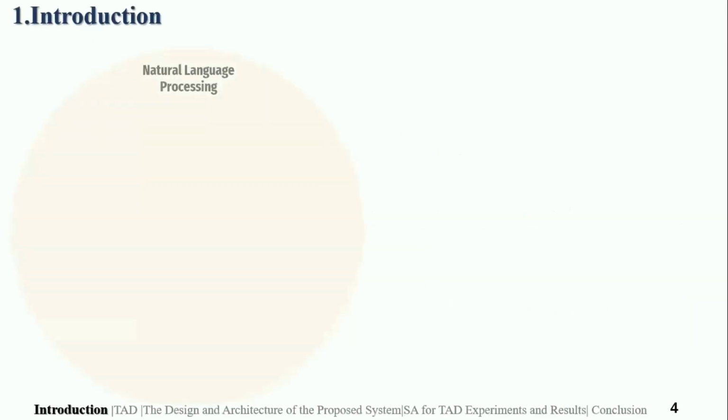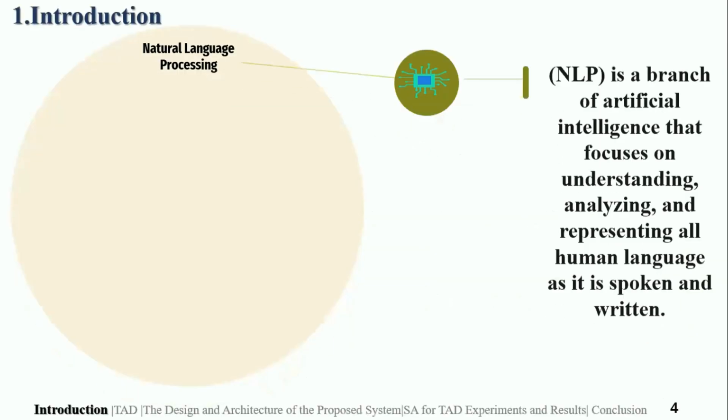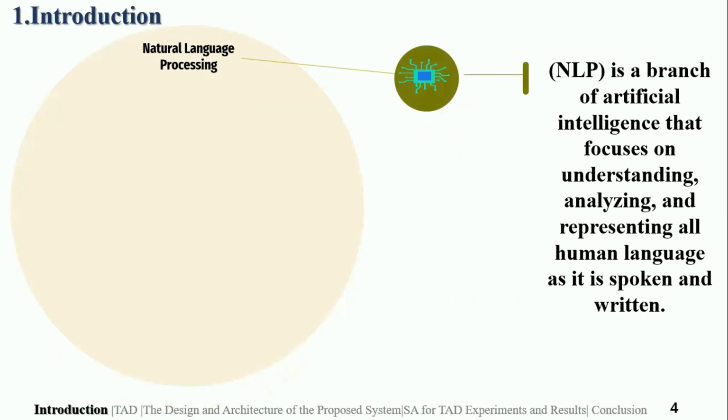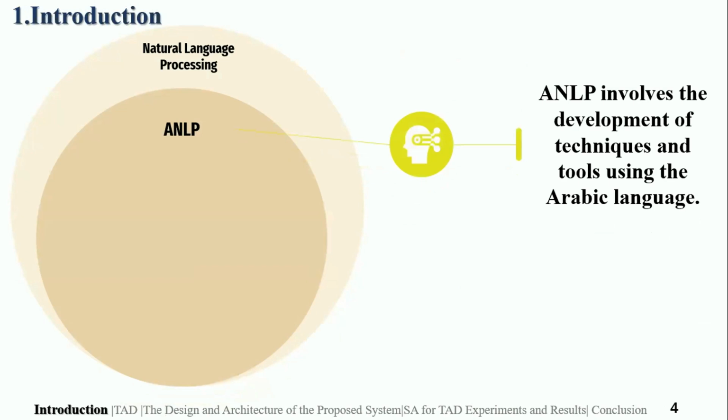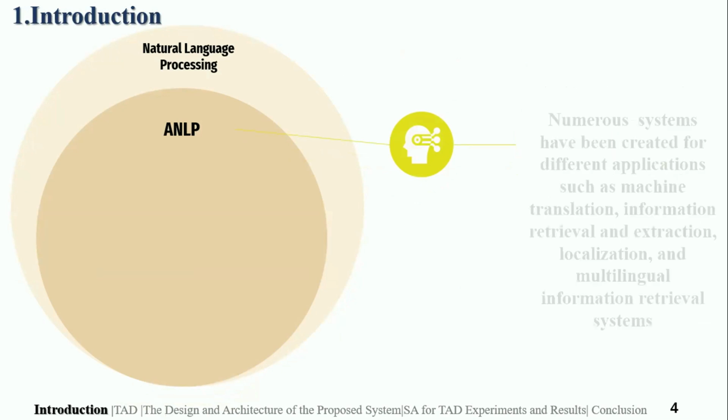Introduction. Natural language processing is a branch of artificial intelligence that focuses on understanding, analyzing, and representing human language as it's spoken and written. Arabic natural language processing involves the development of techniques and tools using the Arabic language.